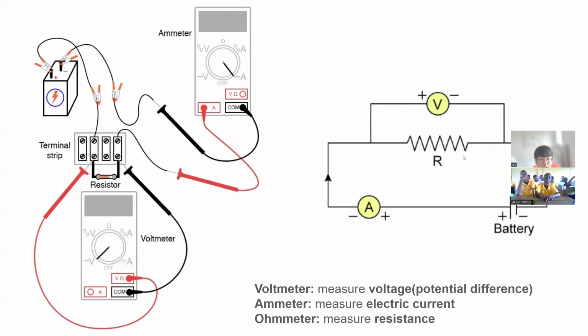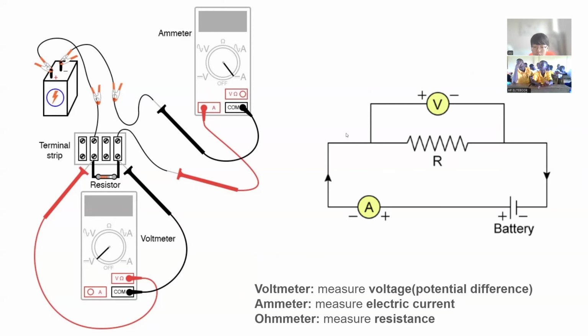So here is an example of an ammeter, a voltmeter, and an ohmmeter. All of them are basically used to measure each part. Voltmeter measures voltage, ammeter measures the electric current, and the ohmmeter measures resistance.